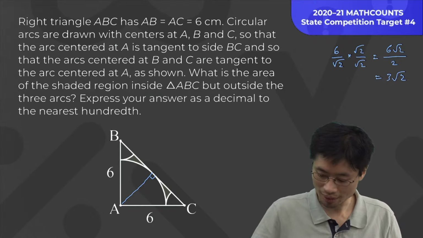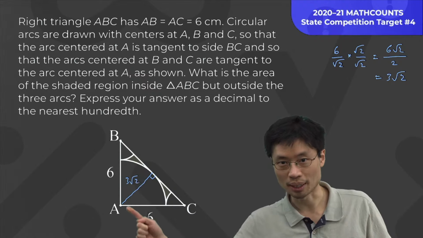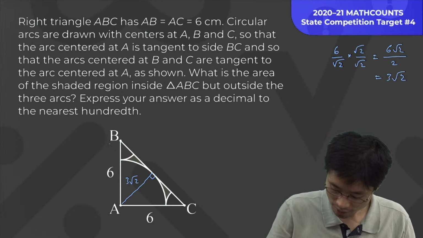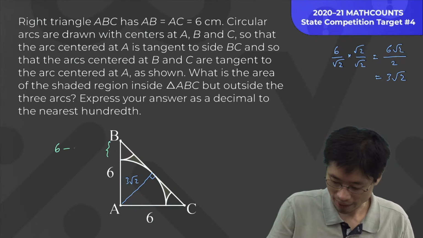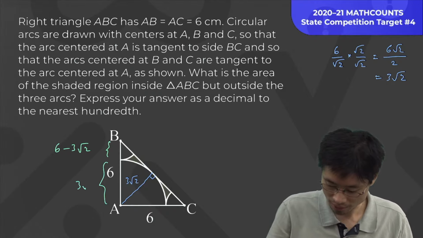Aha. So now I know the radius is 3 root 2. And that also happens to be this part here. So this part here is 6 minus 3 root 2, because this part is also 3 root 2.